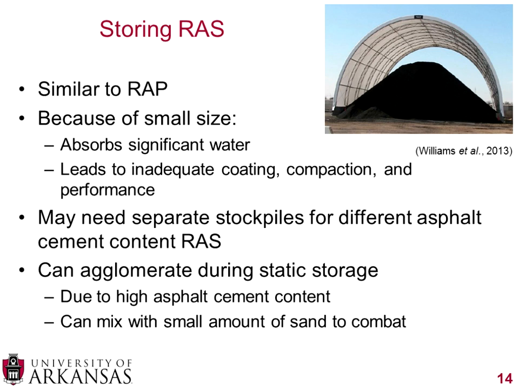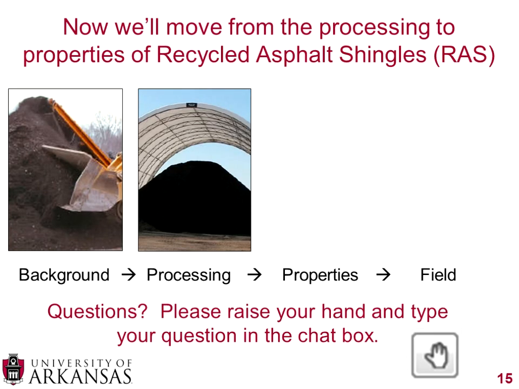That's due to the high asphalt cement content, the size of the stockpile, and also the ambient temperatures. One suggestion to combat that was to mix it with a small amount of sand. Mixing with sand will reduce the potential for the RAS particles to stick together, and you can avoid some of that agglomeration.